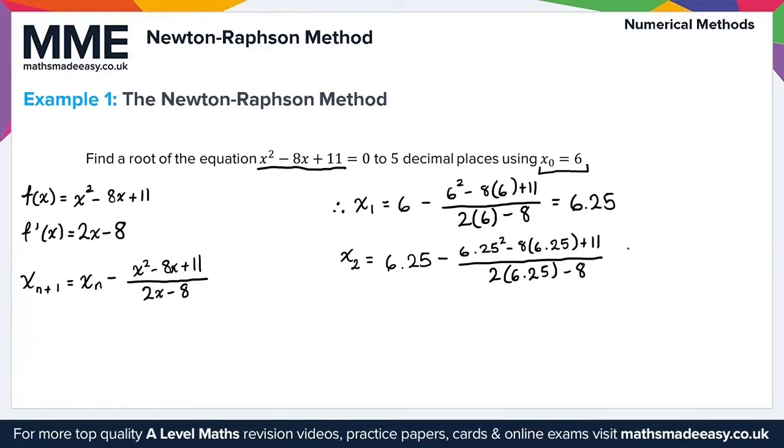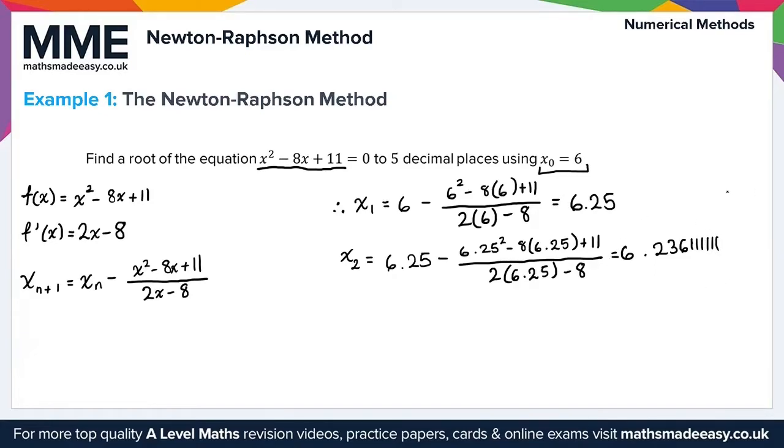If we evaluate this, what you'll find is quite a large answer in terms of decimal places. But what we get is 6.236, and then the 6 ones after this, so 1, 1, 1, 1, 1, 1.